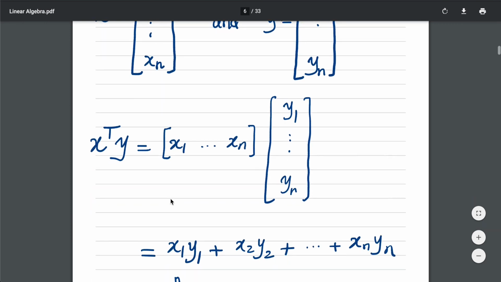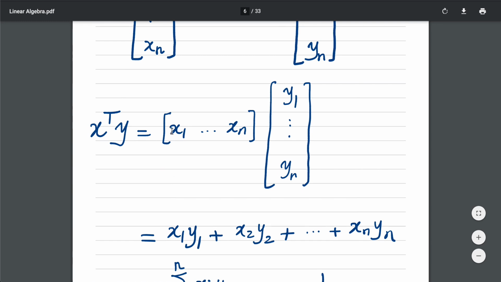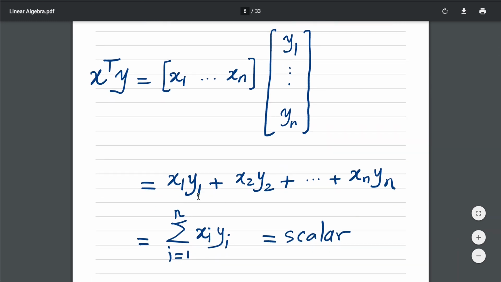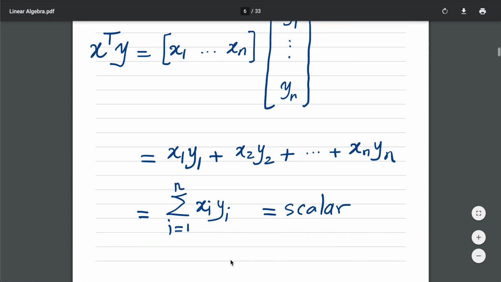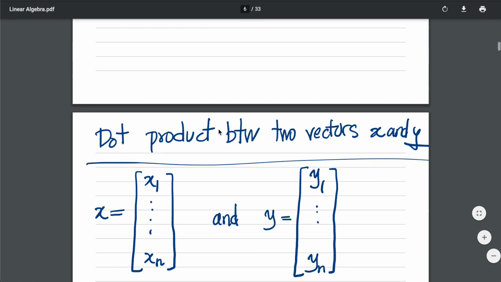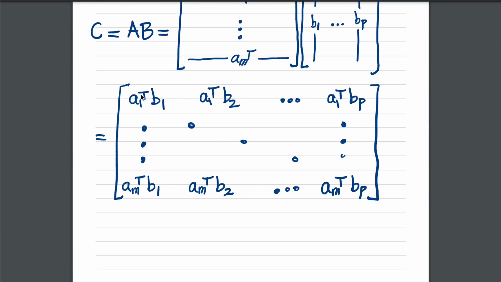So in order to calculate that, we have to multiply x1 by y1, x2 by y2, to xn by yn. So we get x1y1 plus x2y2 plus xnyn, and this is a scalar. The inner product of two vectors is a scalar, which is what's happening here. This is a scalar, this is a scalar, these are the entries of C.